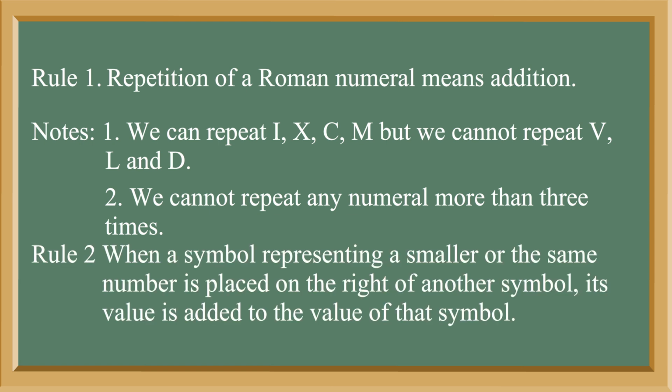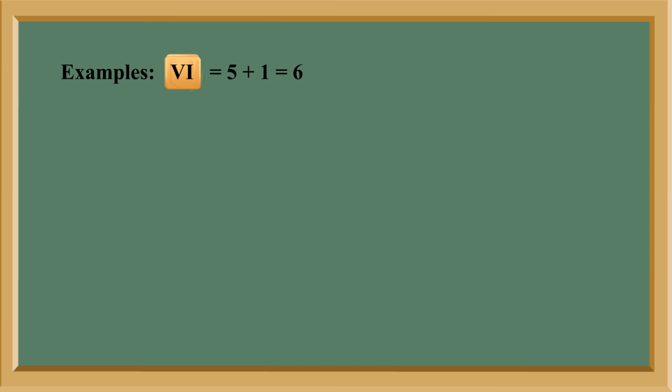Rule 2. When a symbol representing a smaller or the same number is placed on the right of another symbol, its value is added to the value of that symbol. Examples: VI is equal to 5 plus 1 equals 6. VII is equal to 5 plus 1 plus 1 equals 7.